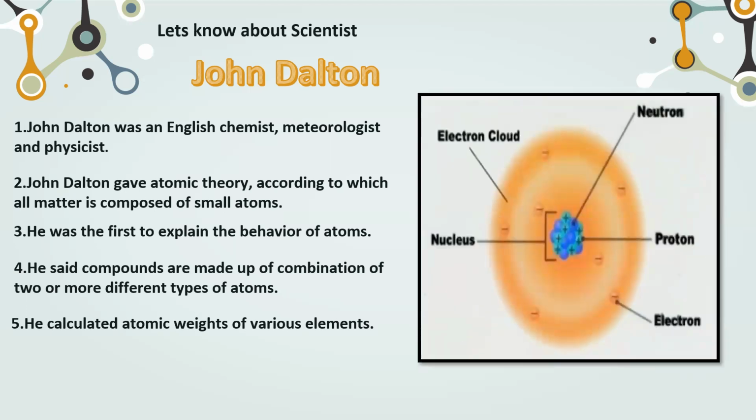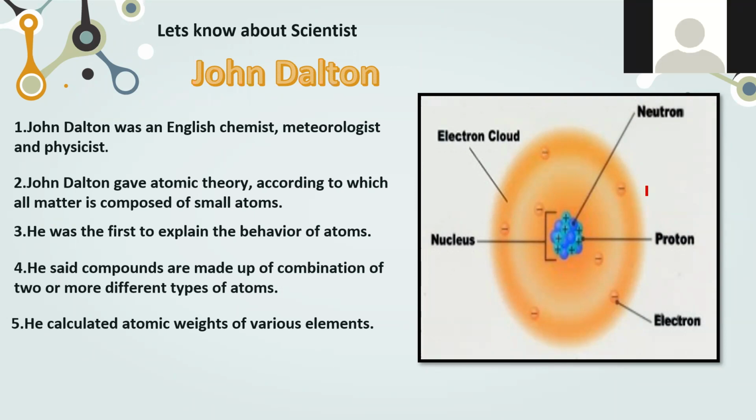And this is the model he presented to the world, in which he described the structure of an atom. He said that the center or core of the atom is very hard, and it is composed of two different kinds of particles, called proton and neutron. Protons have a positive charge and are bound with the neutrons inside the nucleus.